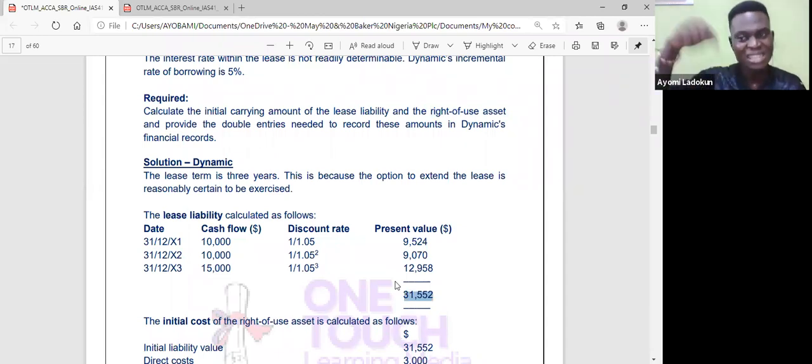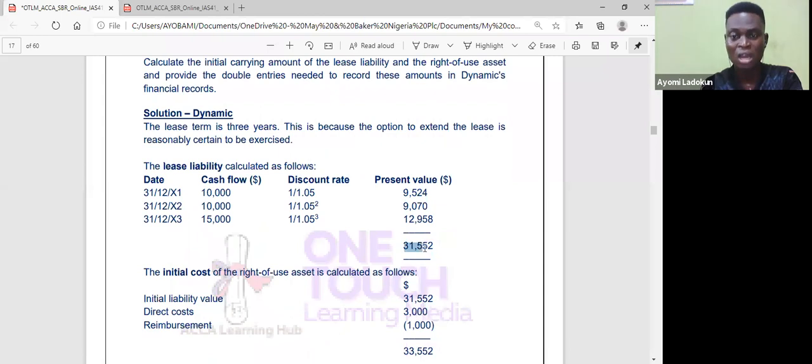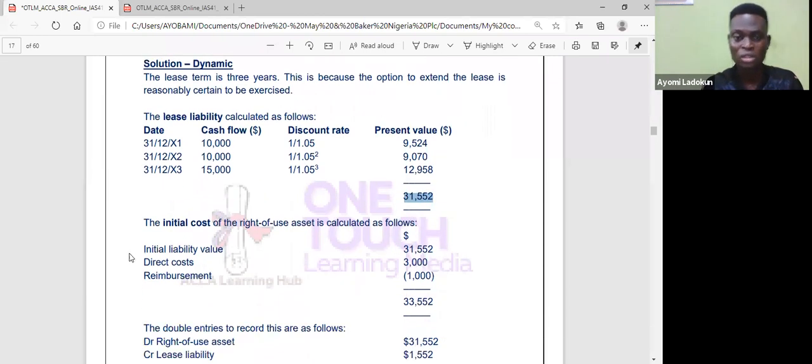Remember, at the commencement of the lease, that's the principle in IFRS 16. The lessee must recognize a right of use asset and a lease liability. So how do I measure my right of use asset? 4 things: the initial measurement of the lease liability, which is this 31,552. Okay, so that's why you have it here. Initial liability value. Can you see that?